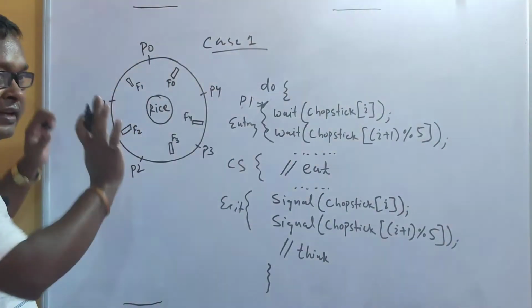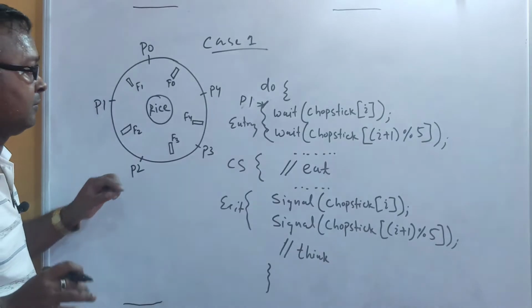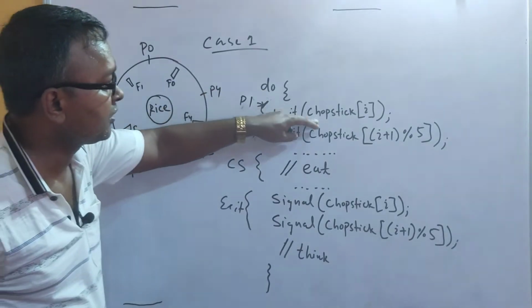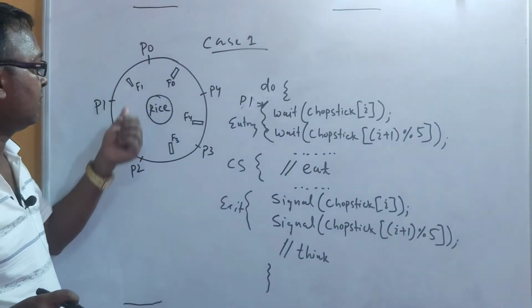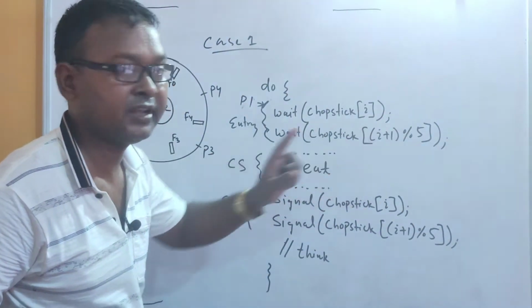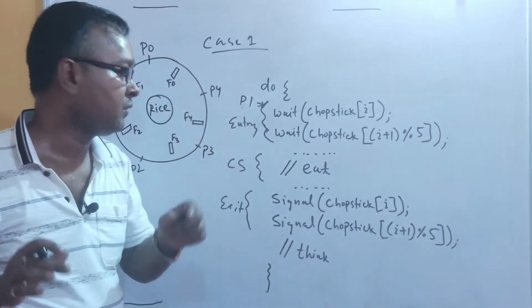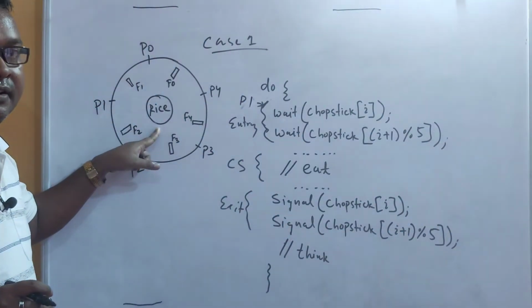F2 is also available, so it will execute wait chopstick I, that means F1 it will pick, then wait chopstick I plus 1, that means 2 mod 5. Then F1 and F2 are in the hand of P1 and it will start eating the rice.